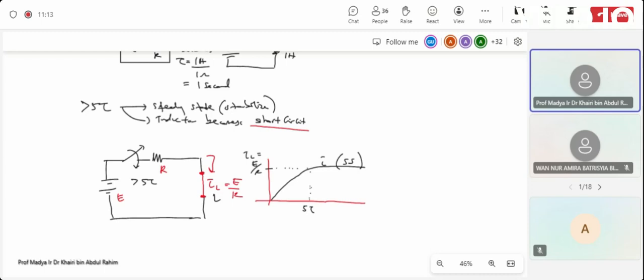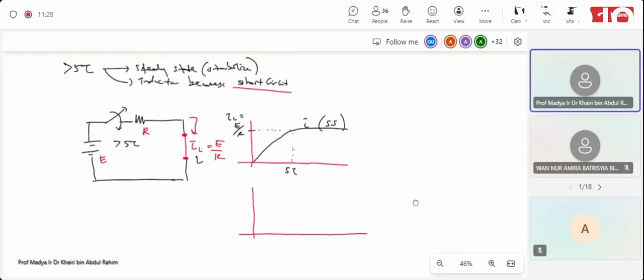In terms of voltage waveform at the beginning of the switch here, okay, something like this. This is for VL, okay, equals E. So at the beginning, we have inductors here and it's open.